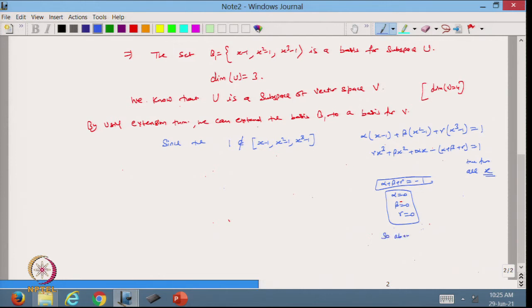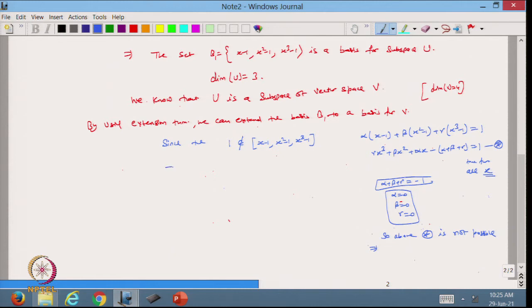So the above star is not possible, which implies that 1 cannot be written as a linear combination of these.